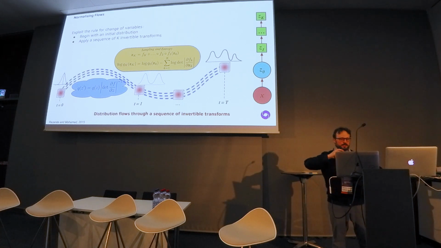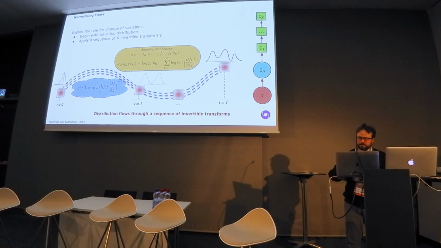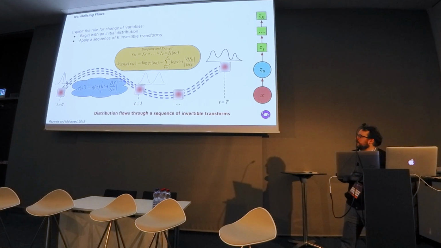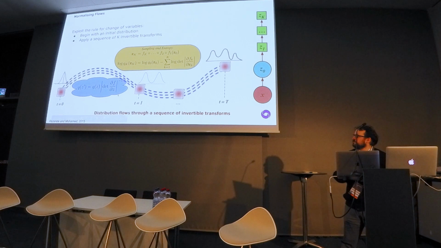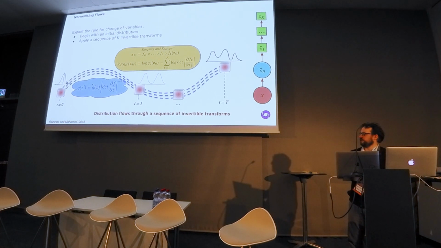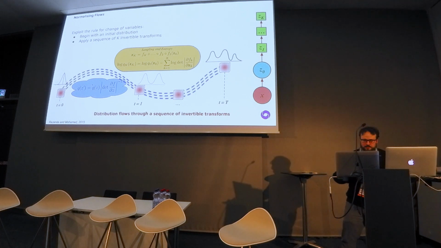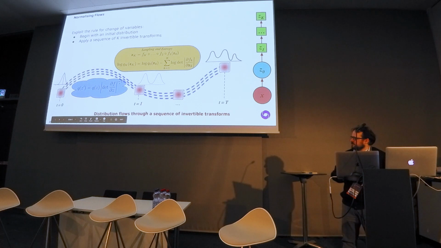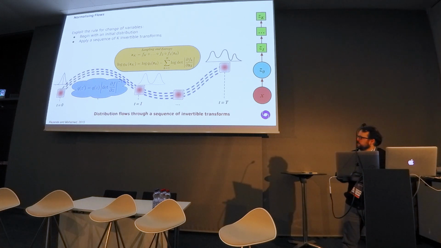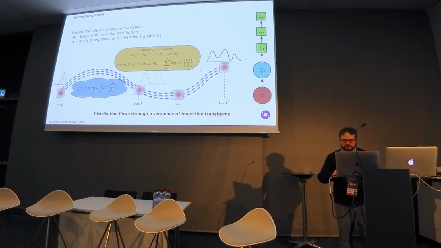Every time, we make it slightly more complex. And obviously, if you transform according to a diffeomorphism, we have a very simple formula that relates the probability density before and after the transformation, under a few assumptions, but that's a pretty general formula. And you can compose this very easily and build increasingly complex densities.